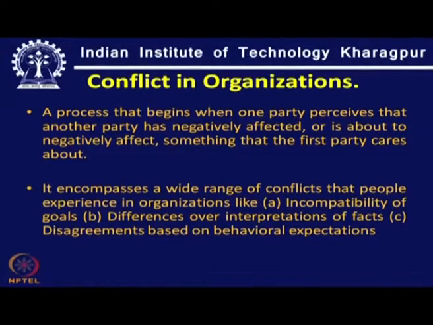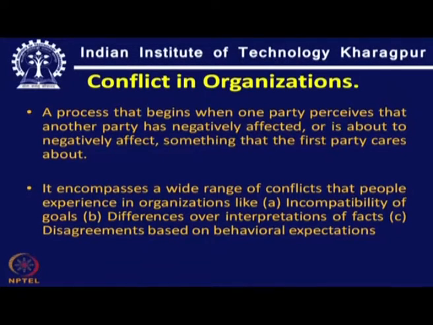And when we are talking of conflict, there is a dynamic of relationship between these two parties, where one party perceives that the presence of the other party is negatively affecting some of their own concerns, and this negative effect is something that the first party cares about.